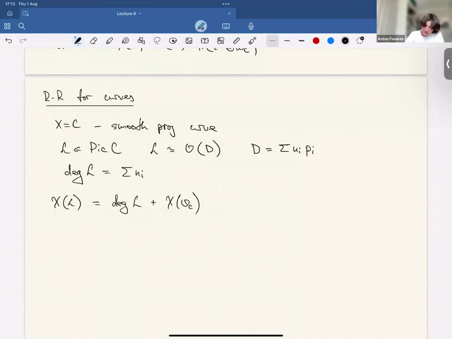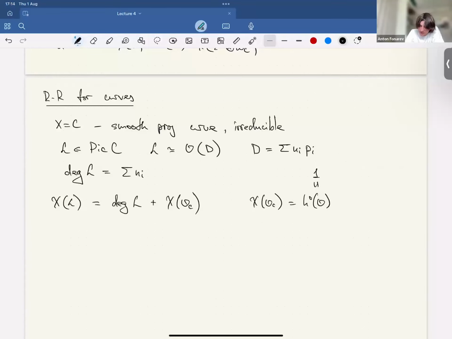And then chi of the structure sheaf we can rewrite. We've spoken about it. Chi of the structure sheaf of C is H naught of O. This is the global sections, but we have a projective variety, a smooth projective connected curve, irreducible, or at least connected is fine.